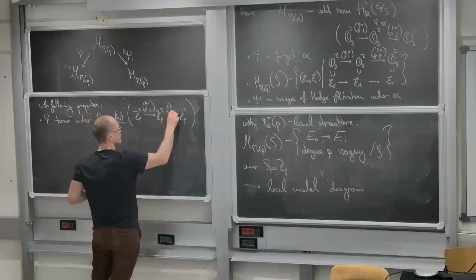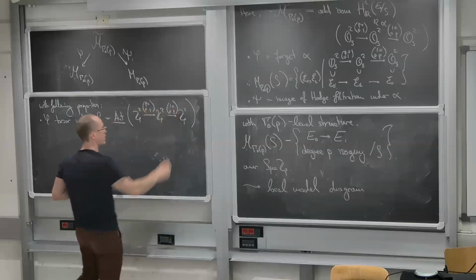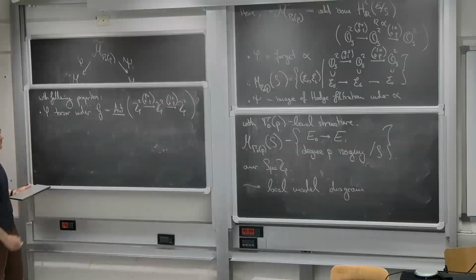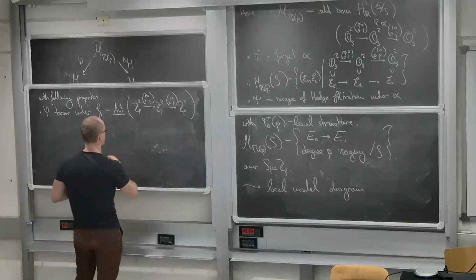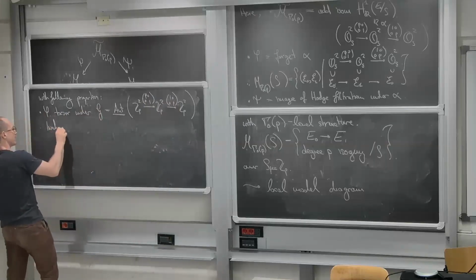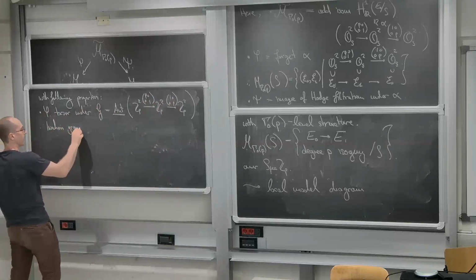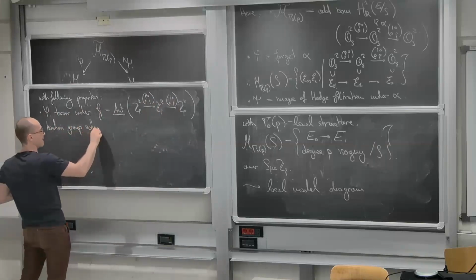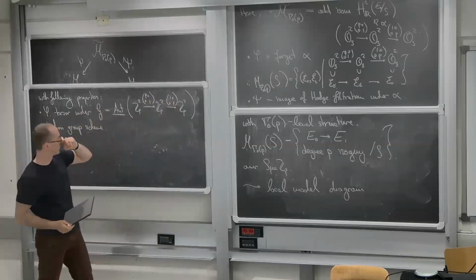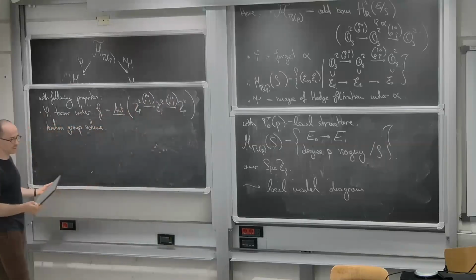Let me just say the name: this here is the so-called Iwahori group scheme. Its generic fiber is GL2, and it has this integral structure.